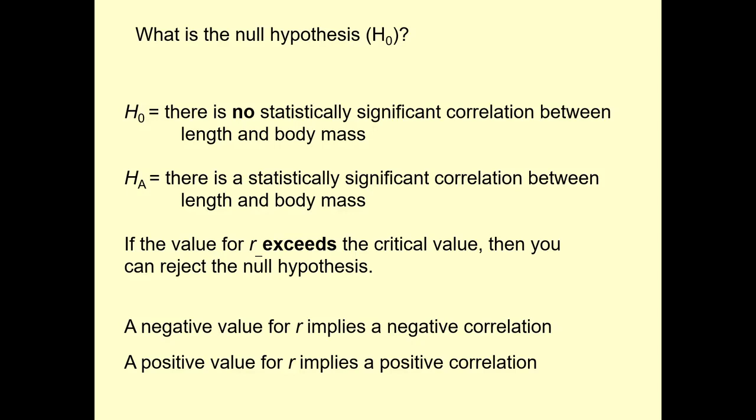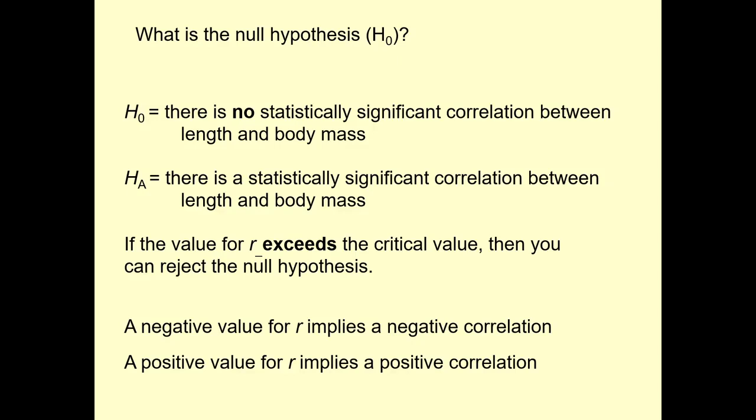There is no significant difference. The critical value is going to tell us if we should accept the null hypothesis, or if we're going to reject it. By rejecting it, we ultimately accept HA. HA means that there is a statistically significant difference, a correlation, between length and body mass.